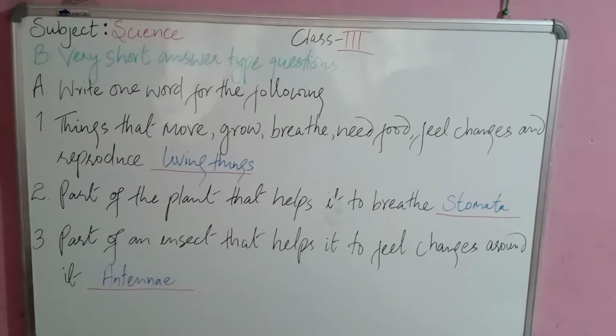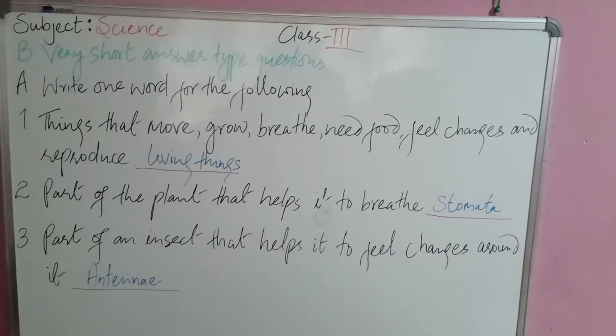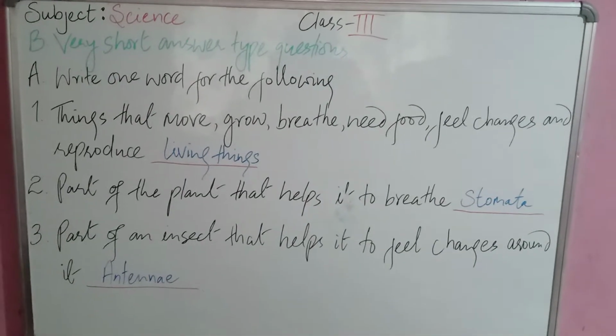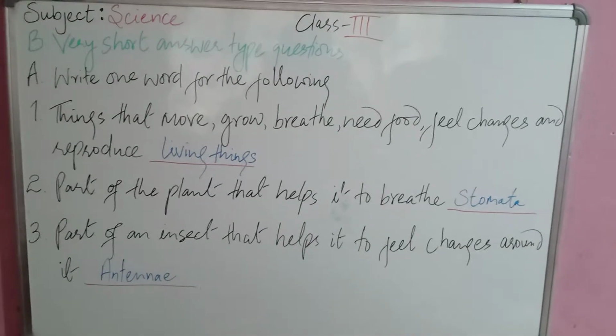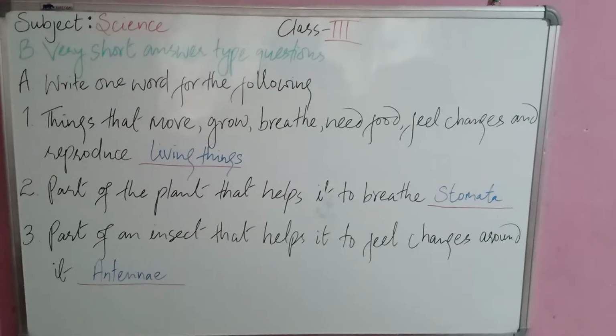So after this we have very short answer type questions. We have to write one word for the following. And the first question is: things that move, grow, breathe, need food, feel changes, and reproduce. We have to write living things.